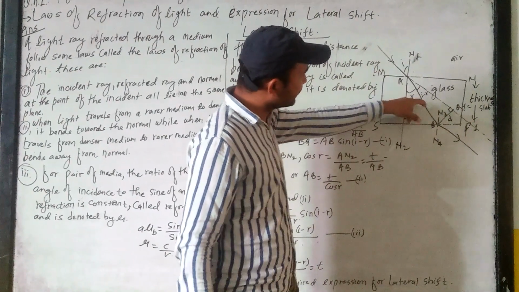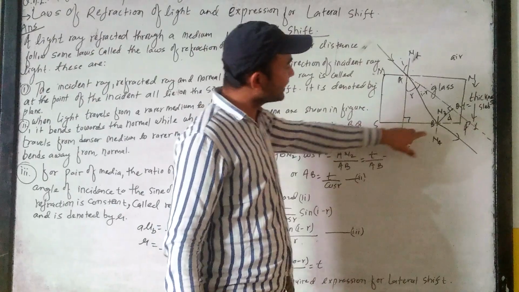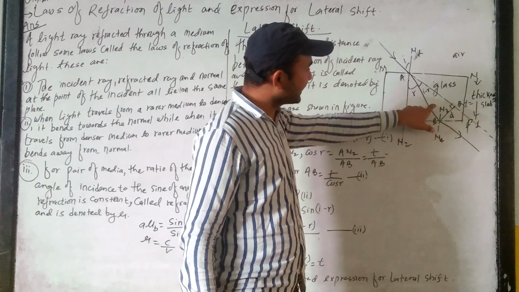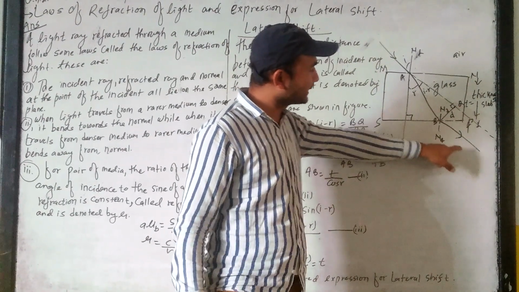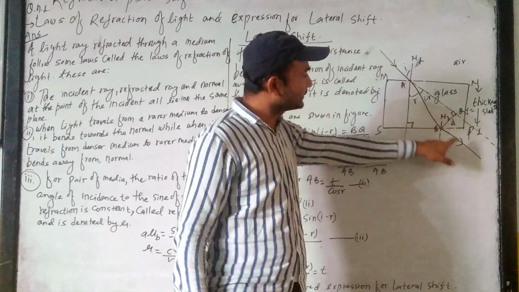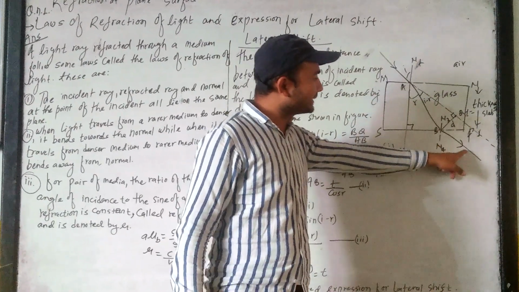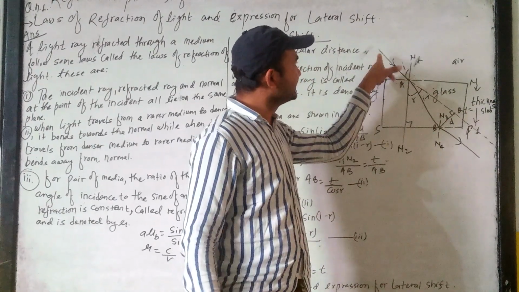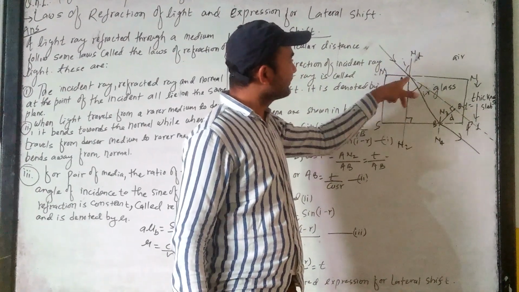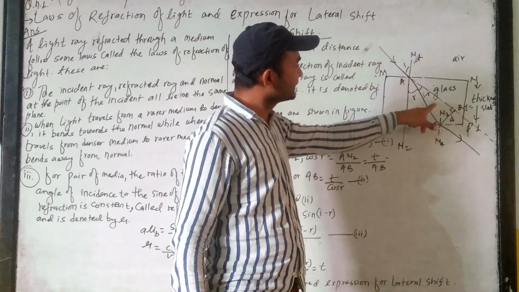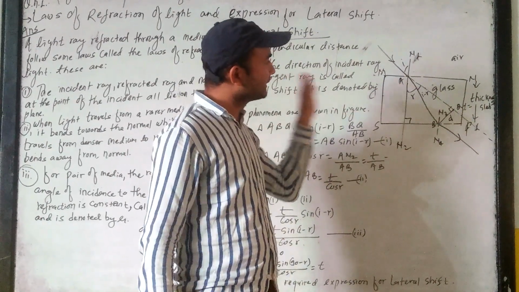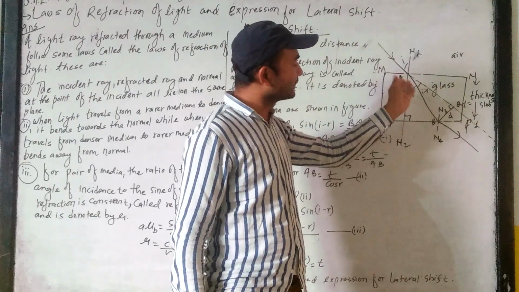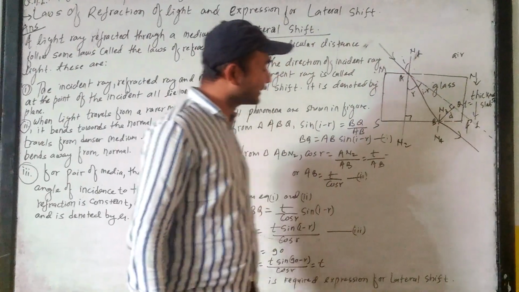Look at this normal, it bends toward the normal, and when the light goes out from this glass to the air again, denser to rare, it bends away. You can see this is the emergent ray. This is the original direction of the incident ray, but due to refraction it got refracted this way, toward the normal, without going in its original way.